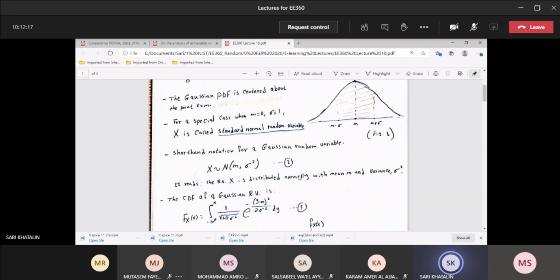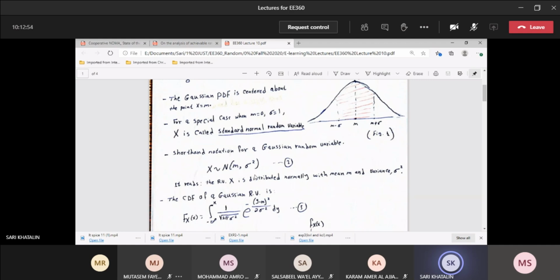Now we can use shorthand notation for a Gaussian random variable, as shown in equation 2, where the random variable x is distributed normally, or Gaussian, with mean m and variance sigma squared. Some books use mu instead of m; it doesn't matter what they use, as long as they define it as the mean or average.